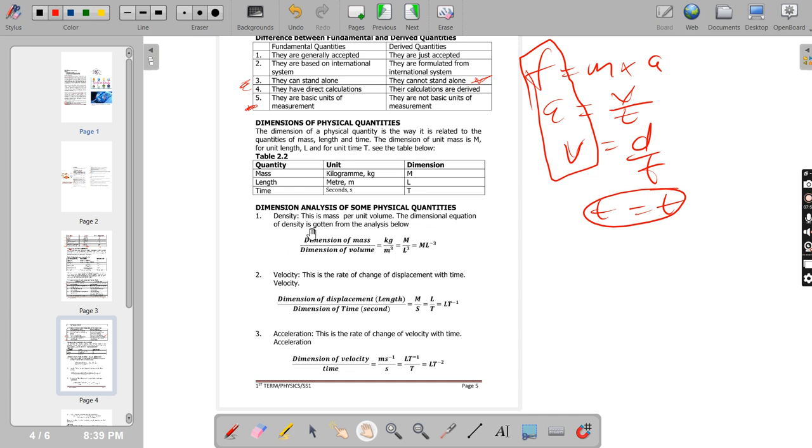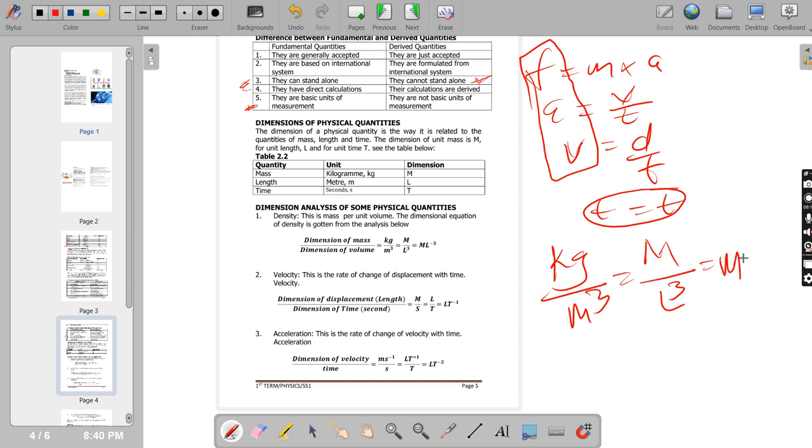And the dimensional equation of density is gotten from the analysis below. Since density is mass per unit volume, we can say that it is kg per meter cube. Kg is kilogram, the dimension is M, and meter, the dimension is L, so meter cube will be L cube.